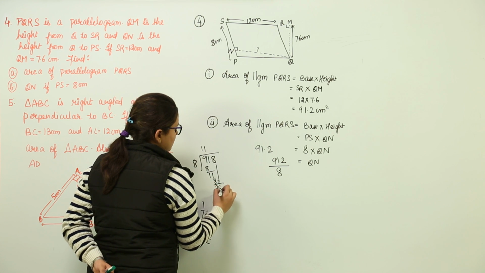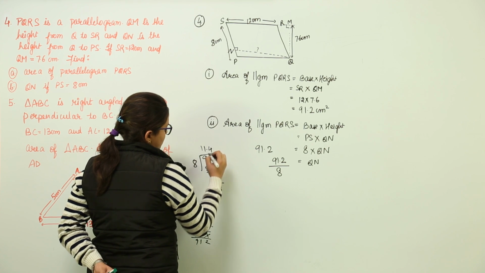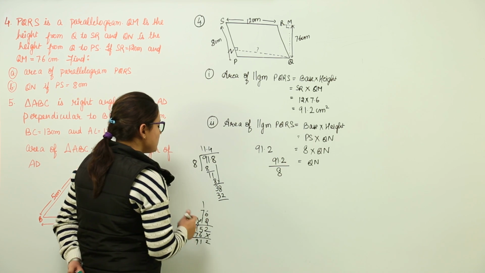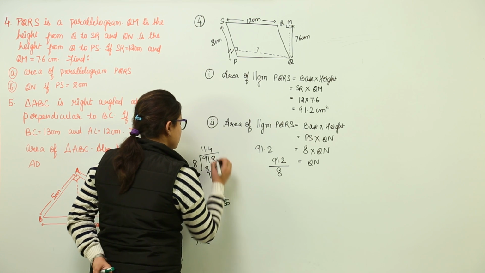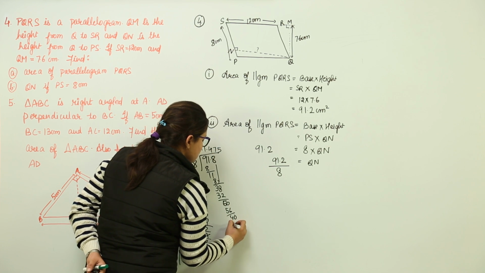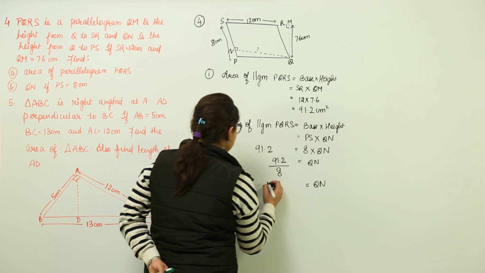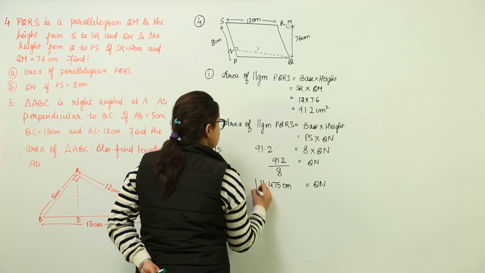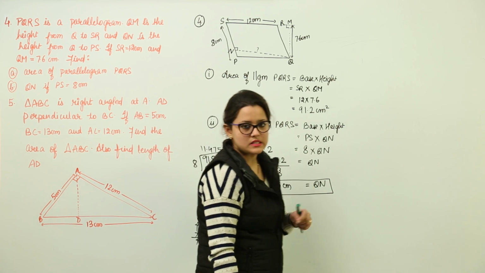Then you add the next digit and add a decimal over here. 8 4s as 32. 8 5s will become 40. That will be greater than this. So it will continue like this. Here we get 6 and so on. 8 7s as 56. And you get 8 5s as 40. So that means here the value of QN is going to be 11.475 centimeters. This is the height for the respective base PS.